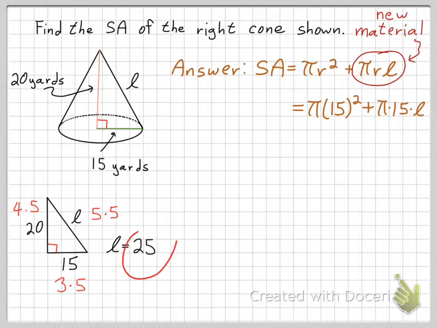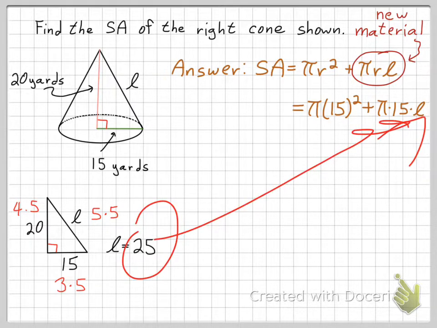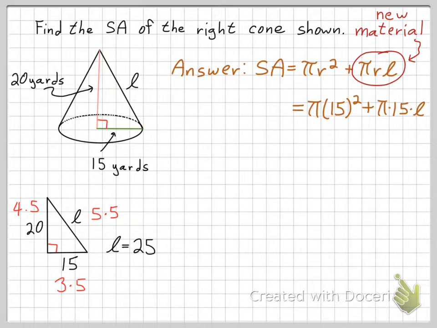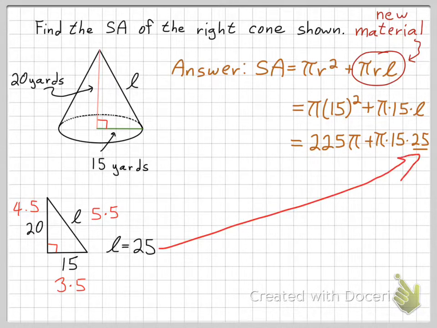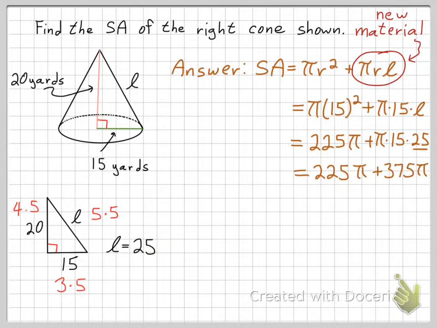Now that I know my slant height, I can substitute that in there. I get 15 squared is 225. And then again, the slant height is 25. And then 15 times 25 is 375.